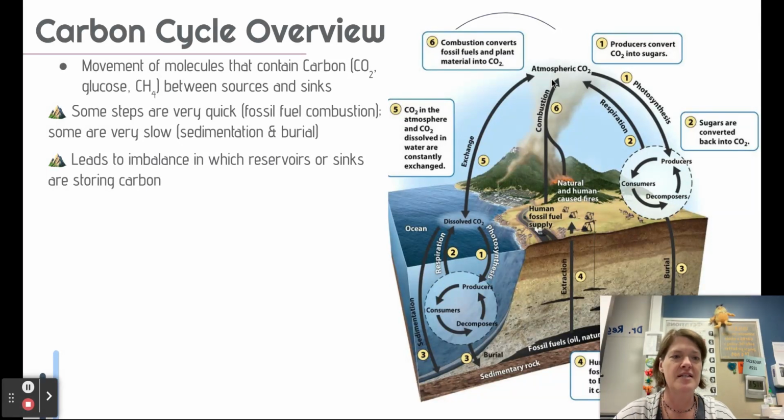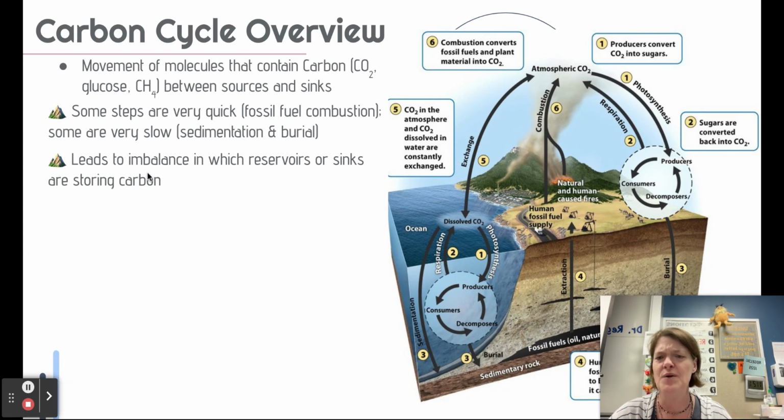And then this goes into the atmosphere when we breathe it out. It can also be dissolved into the ocean, into the waterways, and move through food webs within the ocean. And then we also see examples of burning fossil fuels, and sedimentary rock that builds up. We can end up getting fossil fuels out of the ground, and when we burn that, we put CO2 back into the atmosphere.